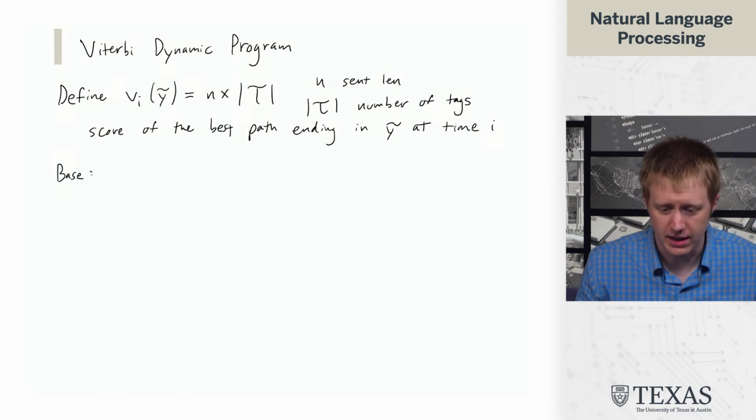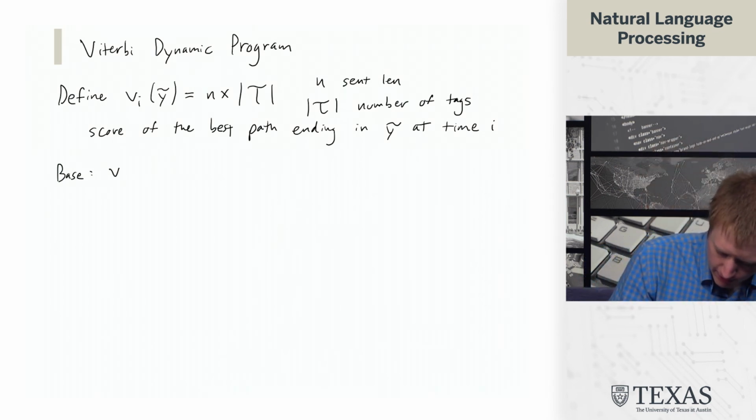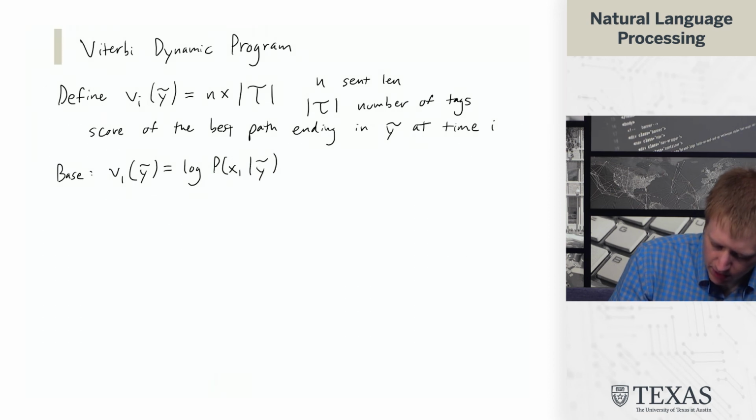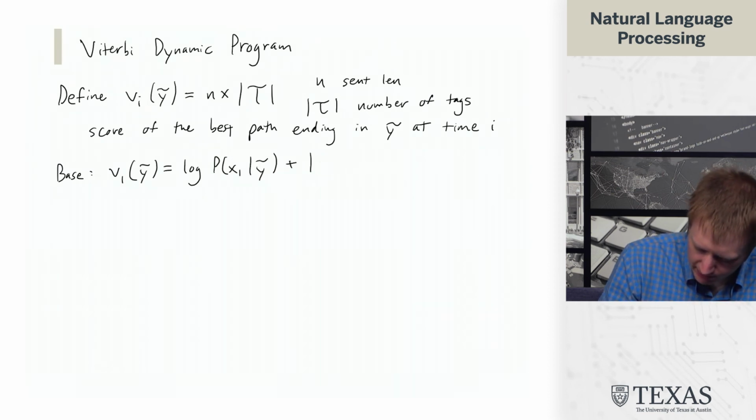All right, so let's define our dynamic program here. So v1 of y twiddle is log p of x1 given y twiddle plus log p of y twiddle.